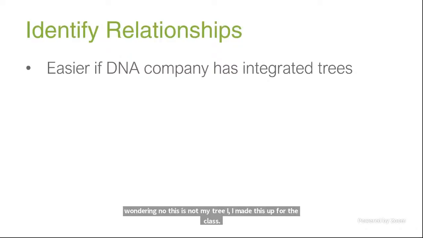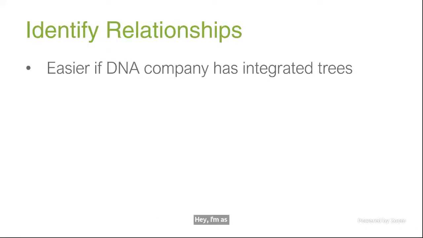Okay, as you work to identify relationships, think about the different DNA companies and what they offer. Because in reality, it is easier to do this process if you work with a company who has integrated trees on their site. Now, Ancestry definitely has good trees, good people build trees with records.